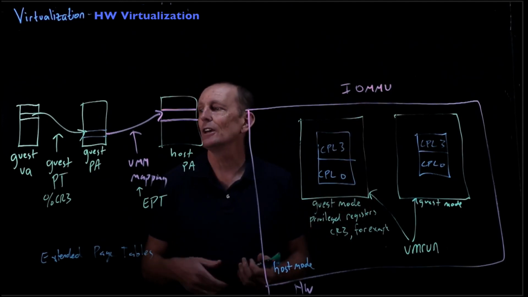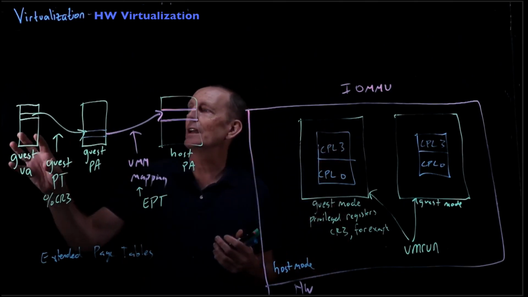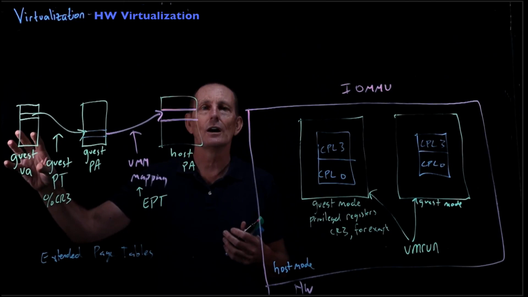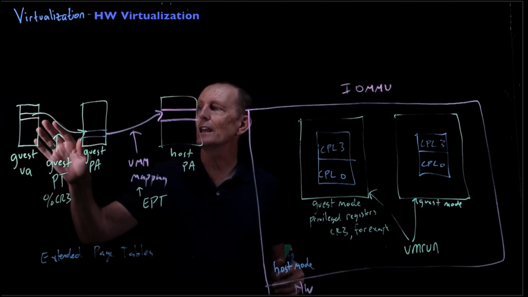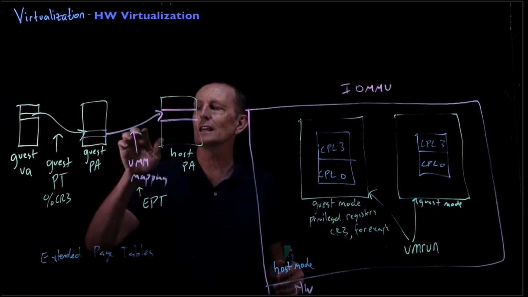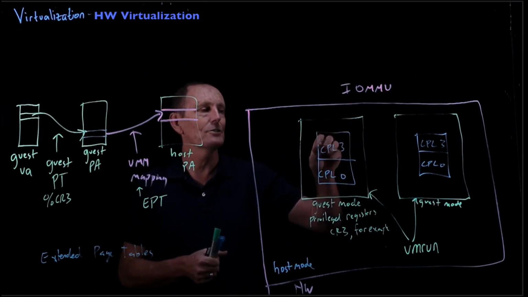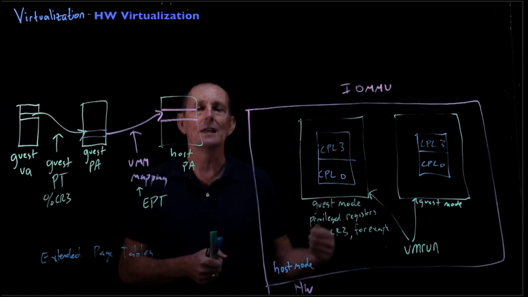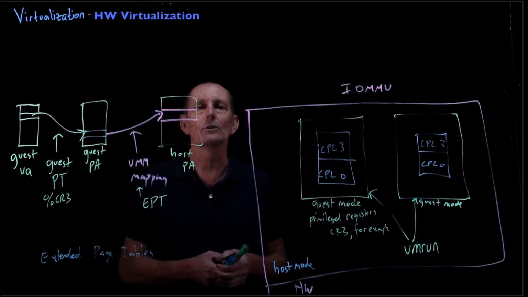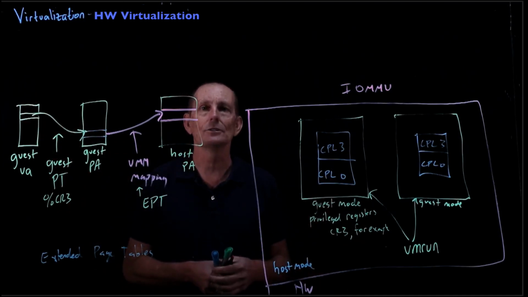That allows a guest operating system to provide a virtual address to an I/O device and have that I/O device go through the same virtual address translation that the guest OS would go through. So that allows a guest kernel to talk directly to I/O and set up I/O reads and writes using guest virtual addresses. And that, again, doesn't require having to go back into host mode.